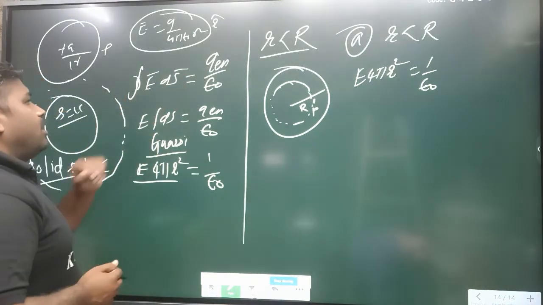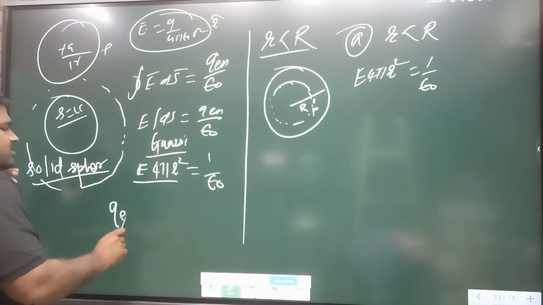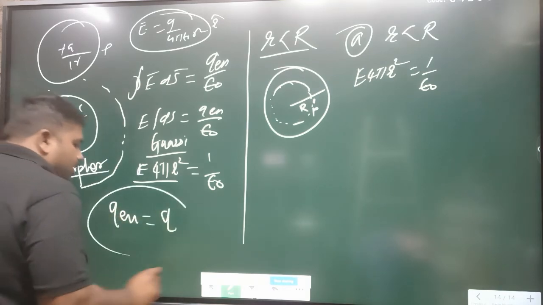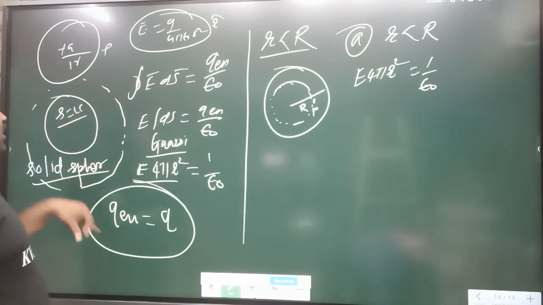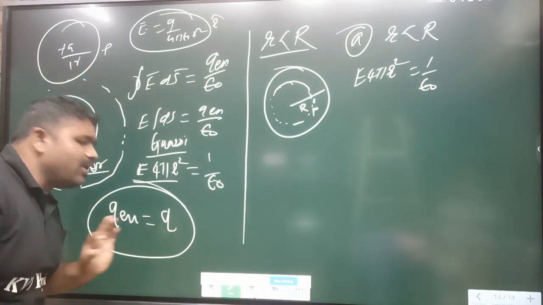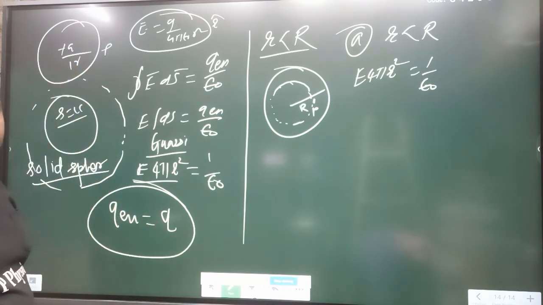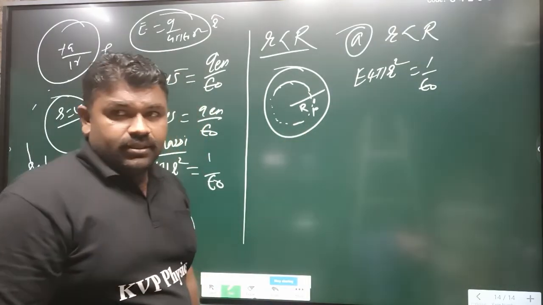So how can we take Q here? Because here Q enclosed is equal to Q, the total charge enclosed by this Gaussian. If 100% charge is enclosed, then Q enclosed is simply Q. But here, not 100% charge is enclosed by this Gaussian.